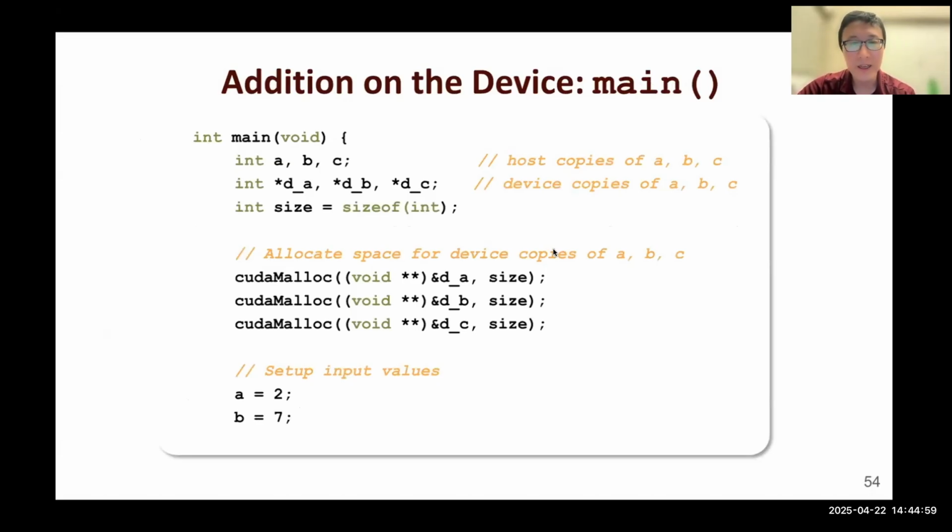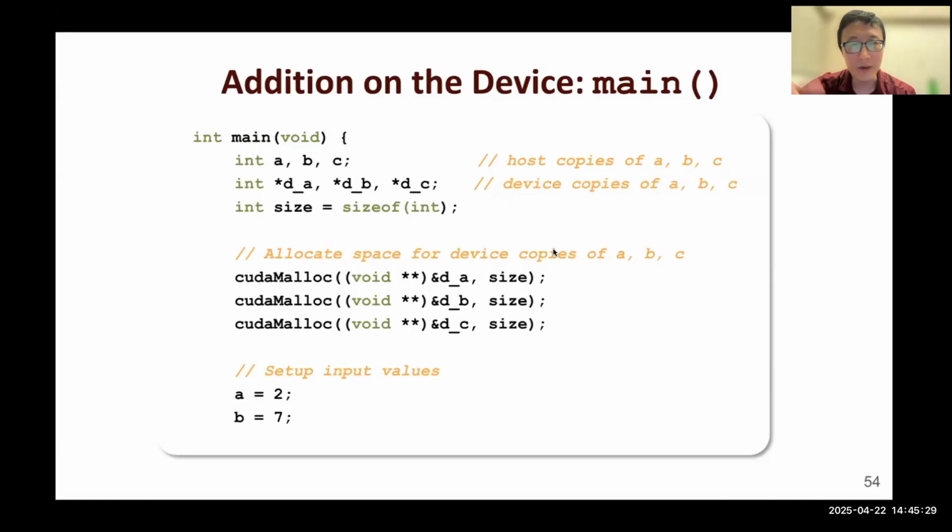Then we define the device copies of a, b, c, and allocate space for the device copies depending on the size. The size could be 1, could be 2, could be 1,000, and we want to allocate memory on the device. That's something we need to do. But this one doesn't use unified memory, and we'll learn how to use that later on. There are some examples to do that later.